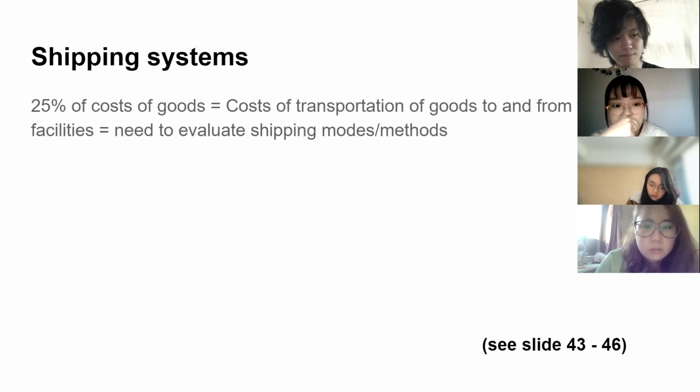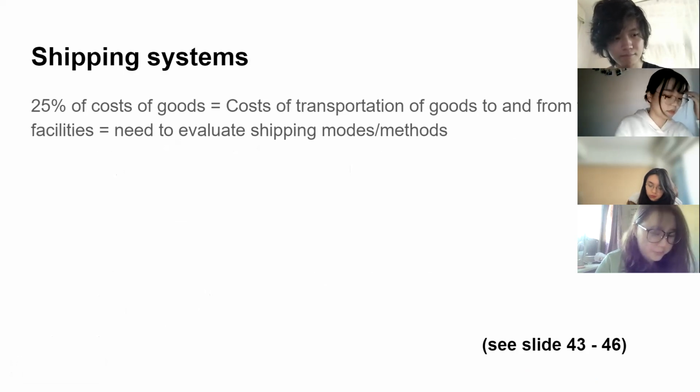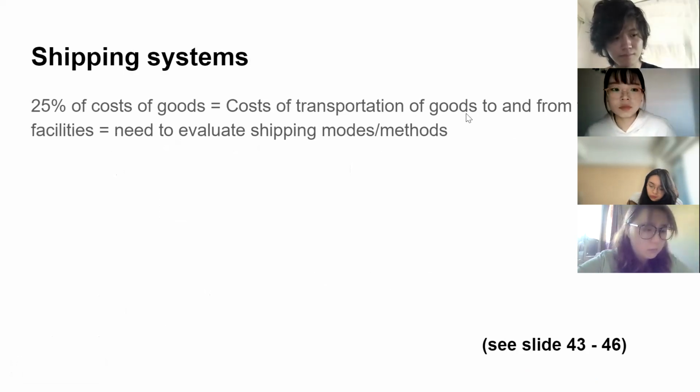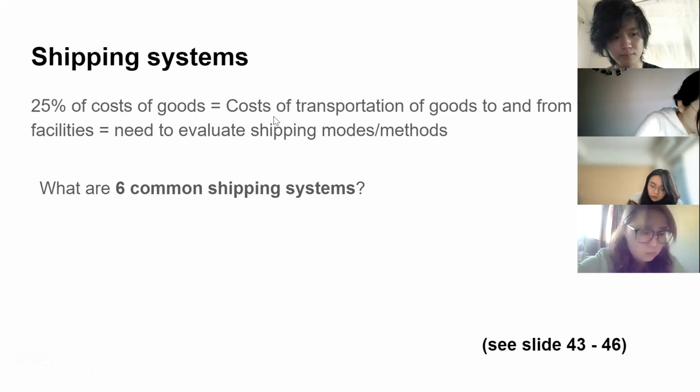Shipping doesn't mean ship; shipping system means how you are going to send it. 25% of cost of goods sold is the cost of transportation to and from their facilities, so you need to evaluate the shipping modes or methods. So what are the 6 common shipping systems? And then we can talk about them.